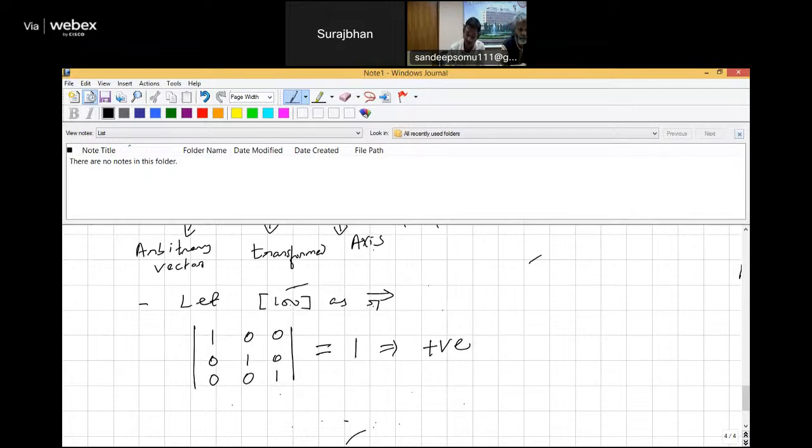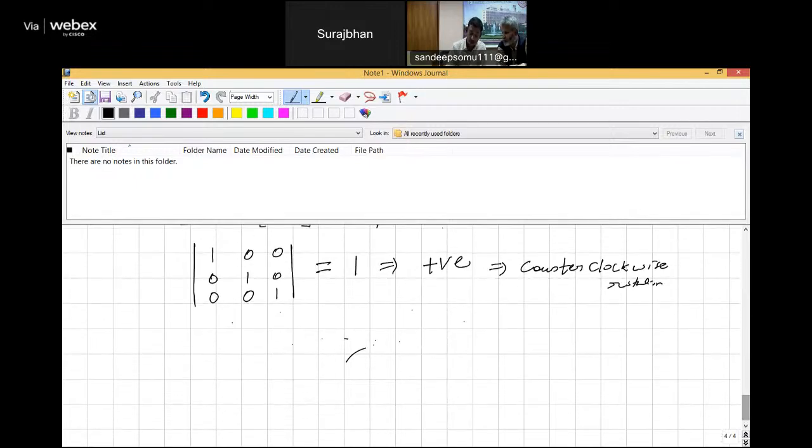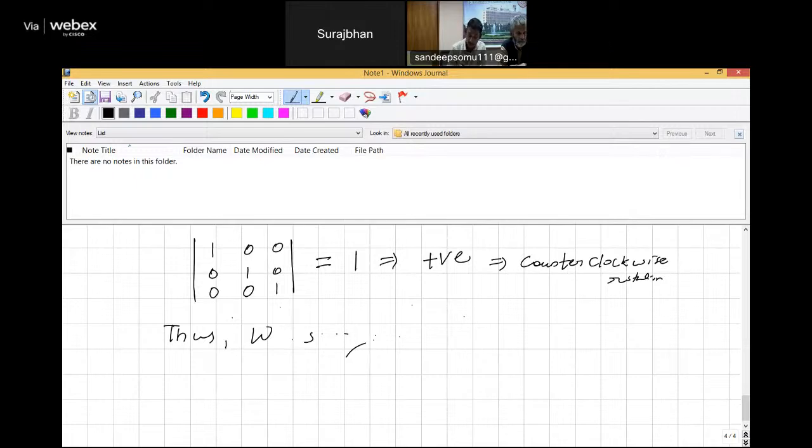So our sense of rotation is positive, so it is counterclockwise. Thus, this symmetry operation W is 4 bar plus along 0 0 1.